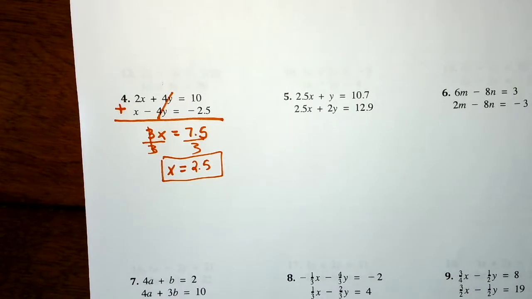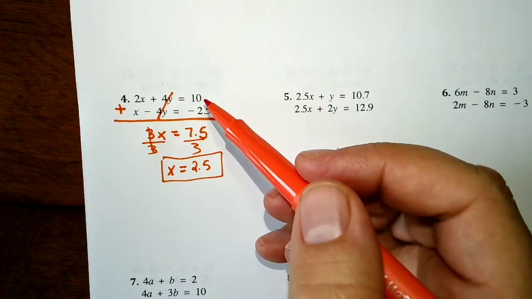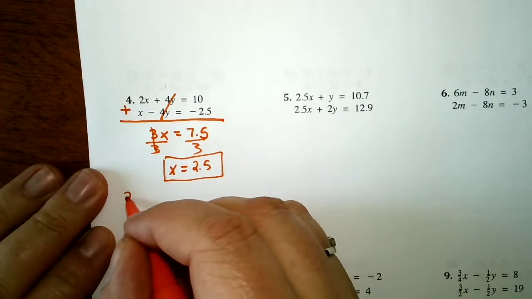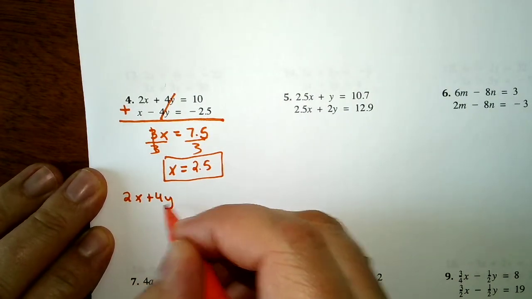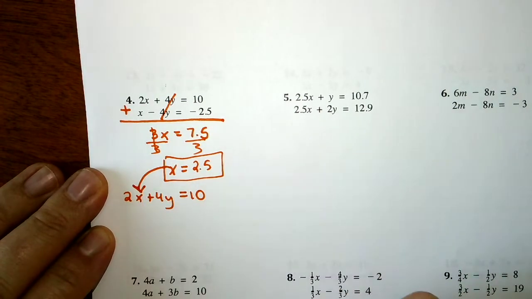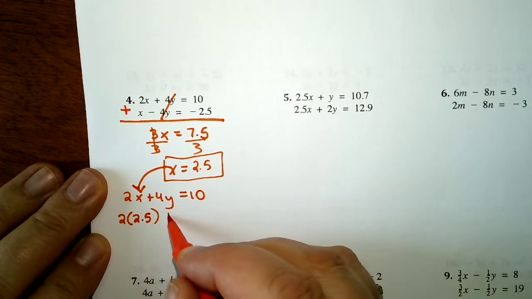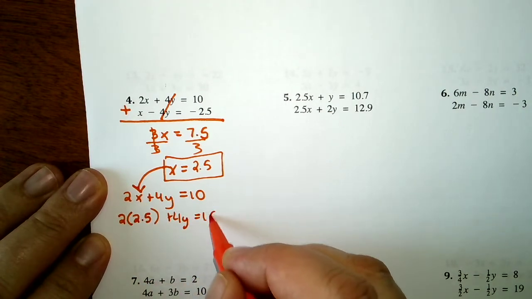Once you have the x, you are going to pick one of these top equations and plug it back in. So I'm going to pick that top one: 2x plus 4y equals 10. Plug your x value in for x. So 2 times 2.5 plus 4y equals 10.